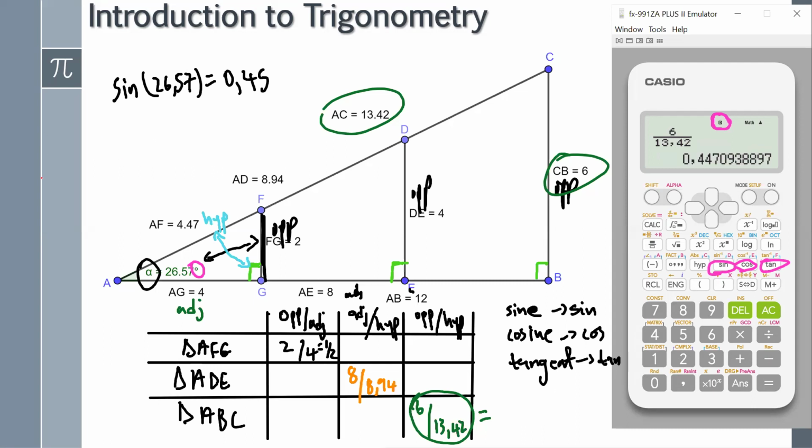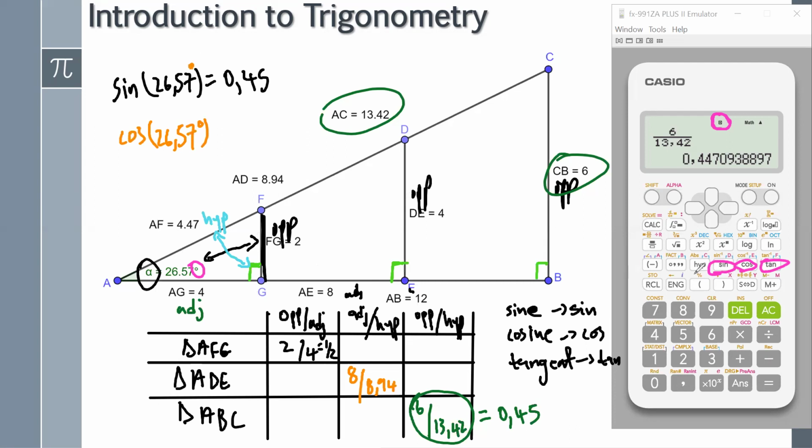And bingo, we get exactly what we had there for the sine of 26.57 degrees. Again, 0.45. Obviously, I'm sure now you see where we're going with this, if you have already discovered these ratios at school or somewhere.